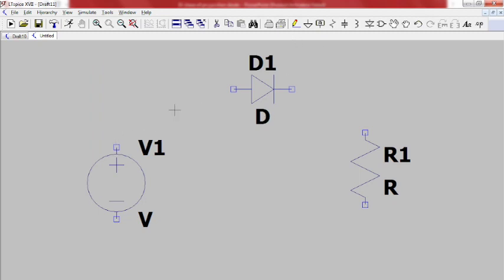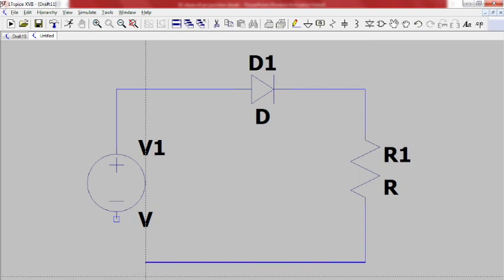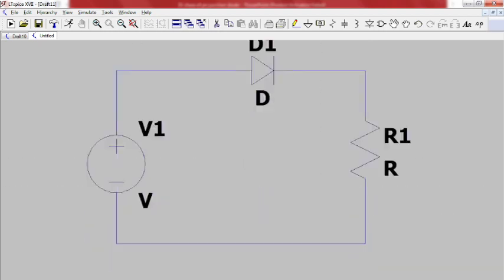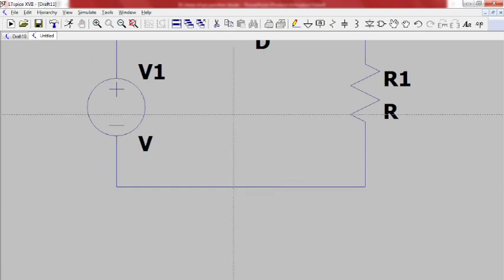Then make a connection. Make the wire connection using this wire tool. Just click on the wire tool, click and make the circuit. Right click.